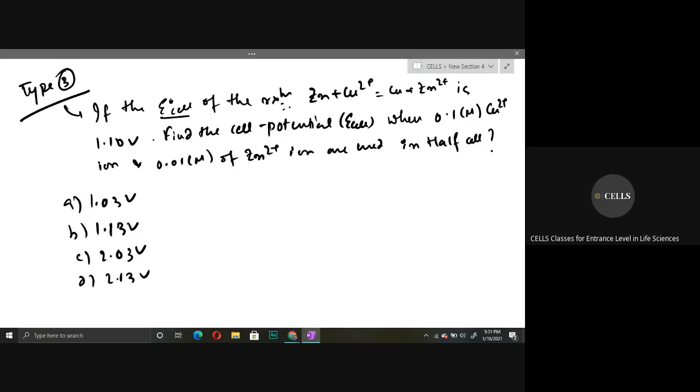See which one is the cathode half cell and which one is the anodic half cell. Where there is reduction, that is the cathodic half cell. Where there is oxidation, that is the anodic half cell. And then you will get the answer. Please let me know what the answer will be. You can use the calculators as well. In JAM, you will get calculators.